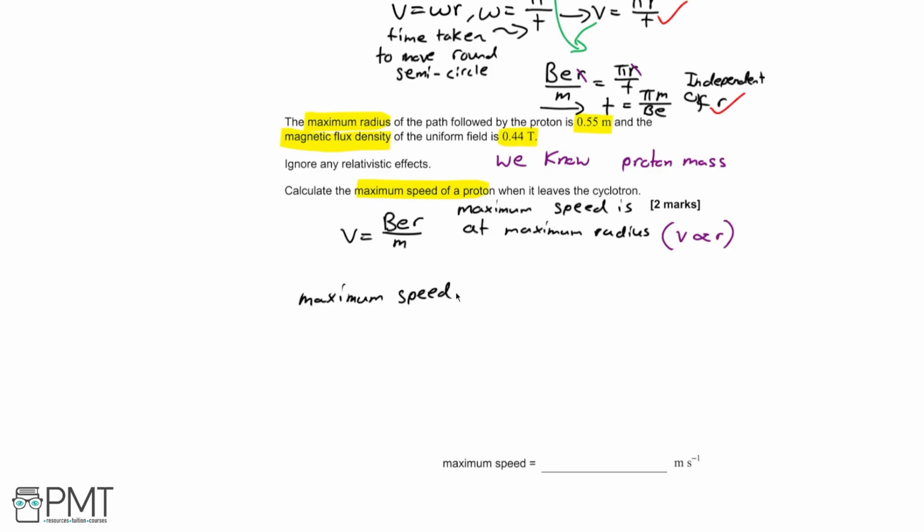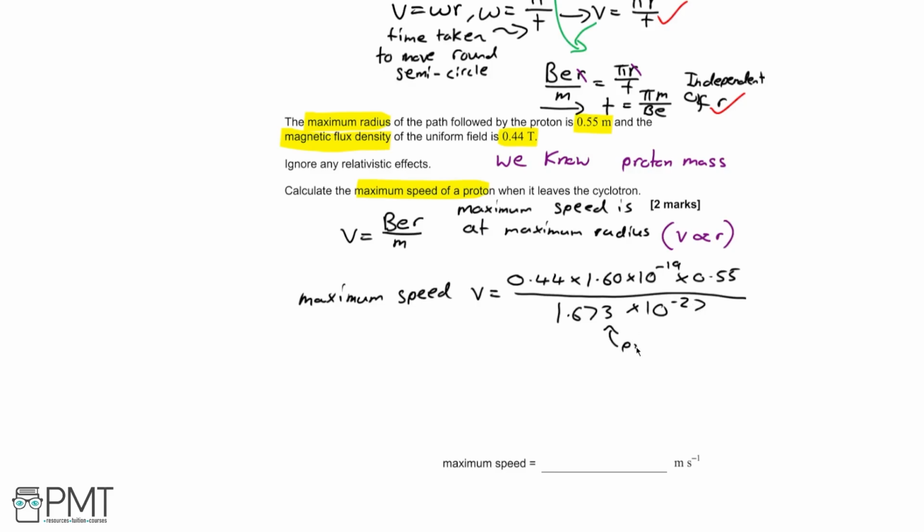In other words, v is equal to 0.44, the magnetic flux density, multiplied by the elementary charge, 1.60 times 10 to the minus 19, times the maximum radius, 0.55, divided by the mass of the proton, which is 1.673 times 10 to the minus 27.